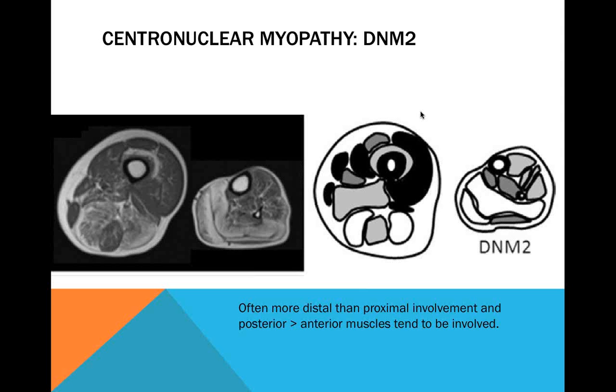They also have ptosis, which is the drooping of the eyelids, and might have proximal or distal weakness. The pathognomonic findings here in the centronuclear myopathy is that there is more distal, meaning the lower part of the leg involvement, than proximal involvement. And it tends to affect the muscles that are posterior more so than the anterior muscles.